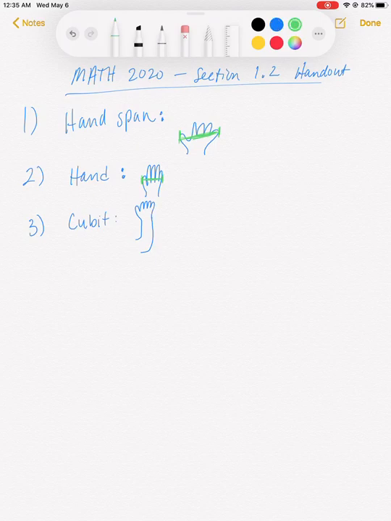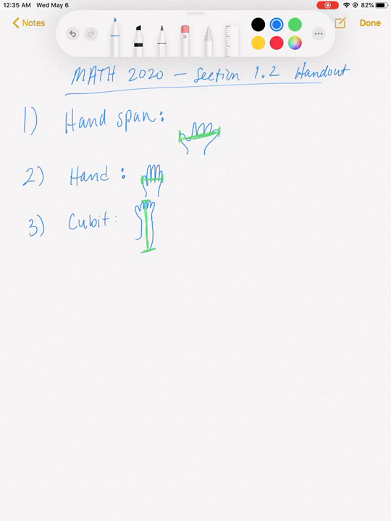A cubit is the distance from your elbow all the way to the top of your middle finger. Okay, so that's a cubit. Like in the Bible, they give the dimensions of Noah's Ark, for example, in cubits. All right, so that is a cubit.